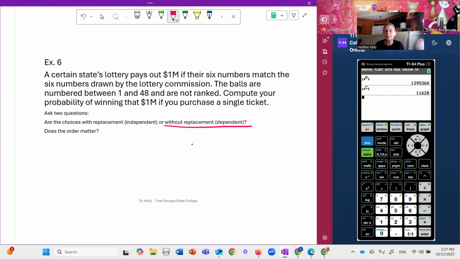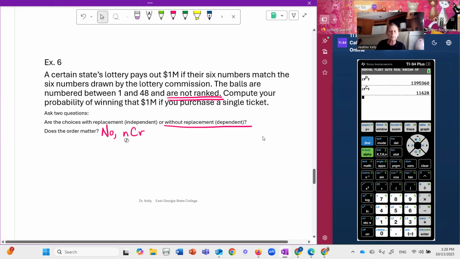Does the order matter? I believe it does not matter. It says that they are not ranked. In other words, they don't have to be pulled in the exact numerical order. So the order does not matter, and we're going to use the nCr option.